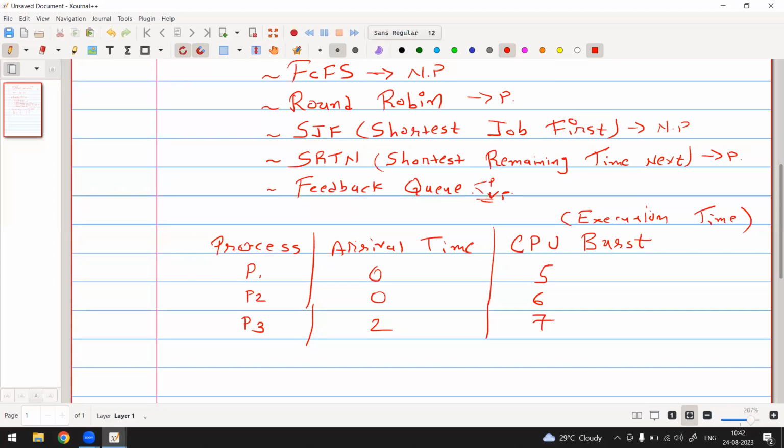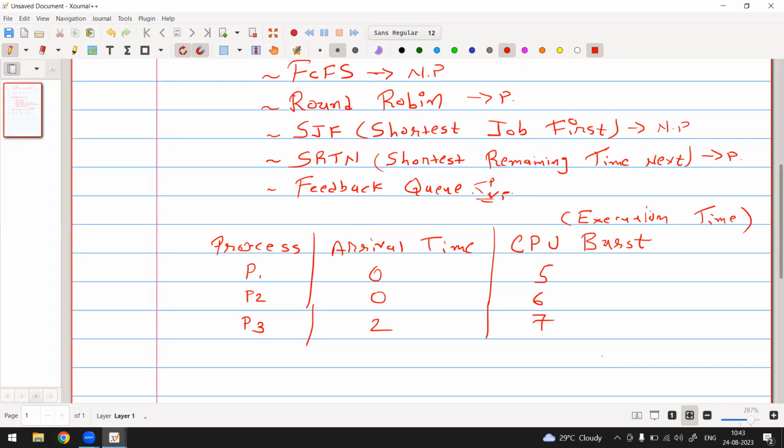So what is this table? This table is a rough estimation of which kind of processes are expected to enter your system and what their arrival times are, okay? Arrival time means the time at which the process arrives in the system, and CPU burst means the execution time, the time for which the process will execute on CPU.